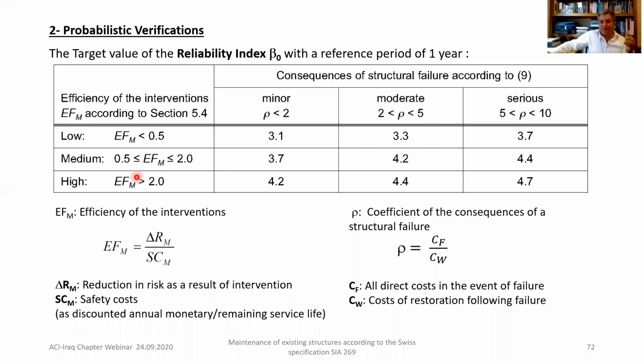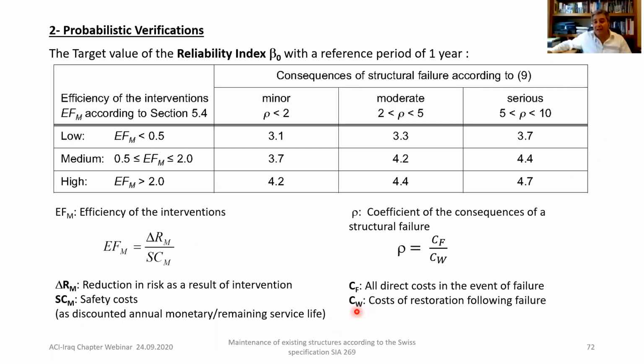If the efficiency of intervention is higher than 2, that means the intervention you do for the structure will reduce double the cost of your intervention. That means it's very important, an important project for you. Imagine the Gotthard tunnel. If something had happened, what would be the reduction if you do some intervention here?